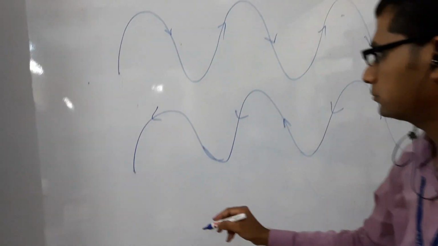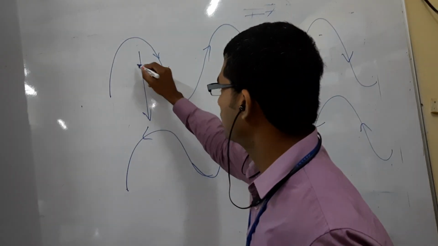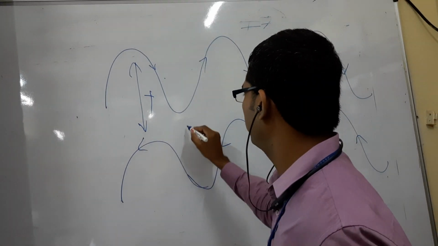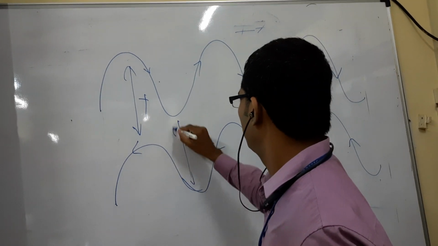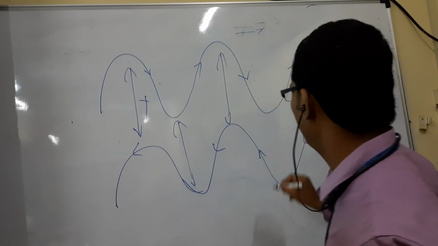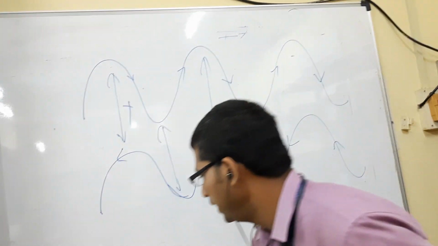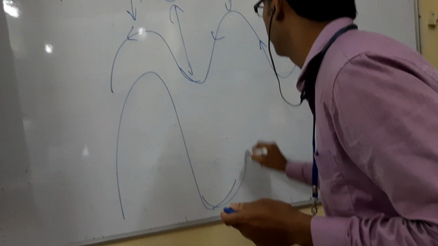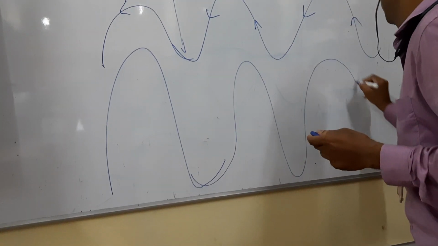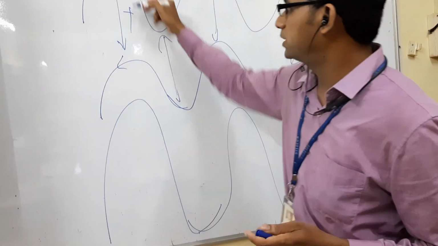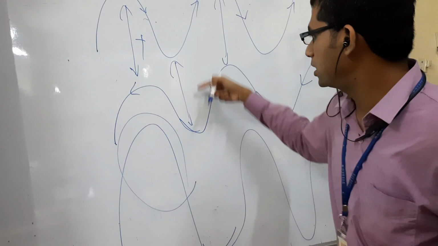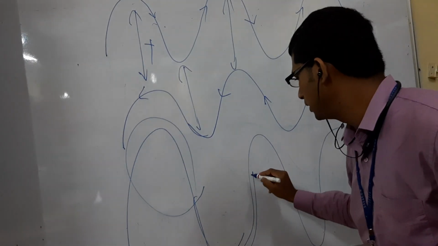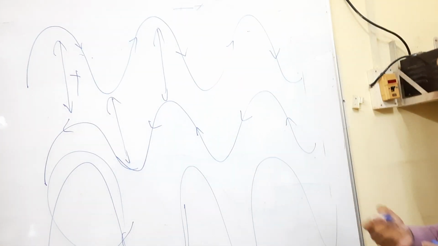Then you can see this crest plus this crest, this trough plus this trough. So they interfere constructively. So you will get a bigger amplitude of standing wave. So this is called the constructive interference.